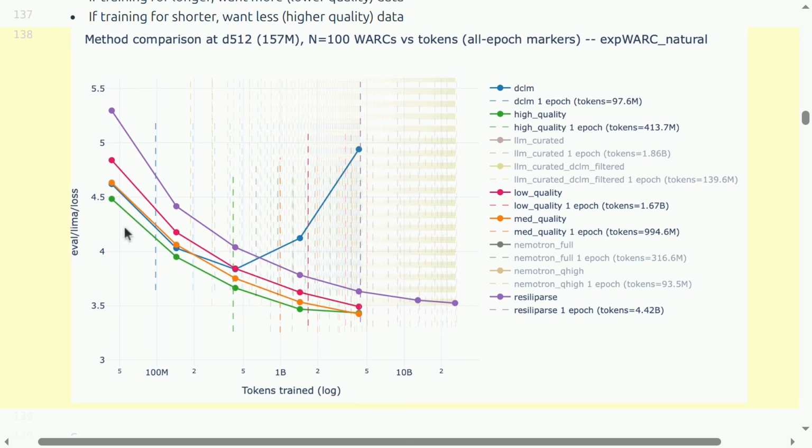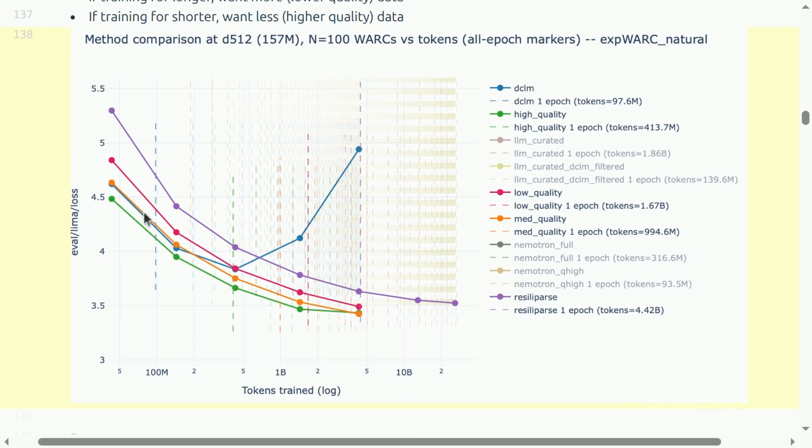Let's take a look at the blue curve. The blue curve is DCLM. The loss starts here, and then it comes down. And each of these lines is when you epoch over the data. So this is one epoch, and then the next blue is the second epoch, and so on and so forth.